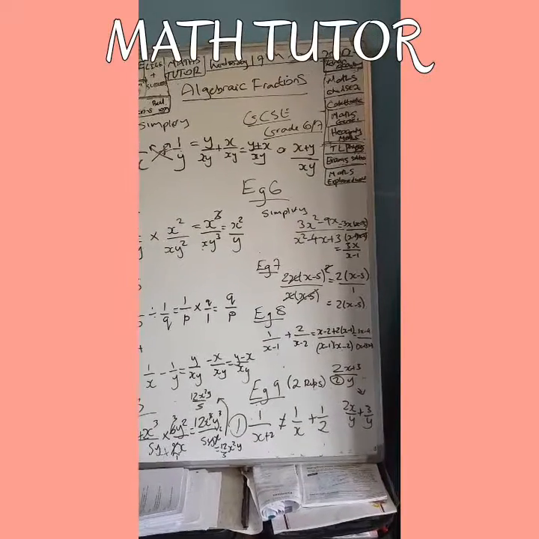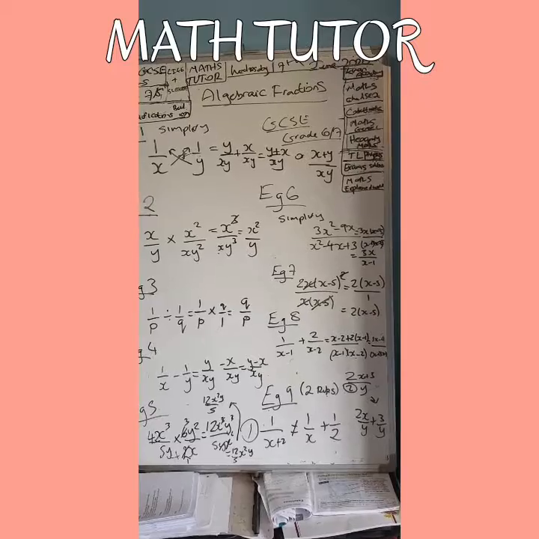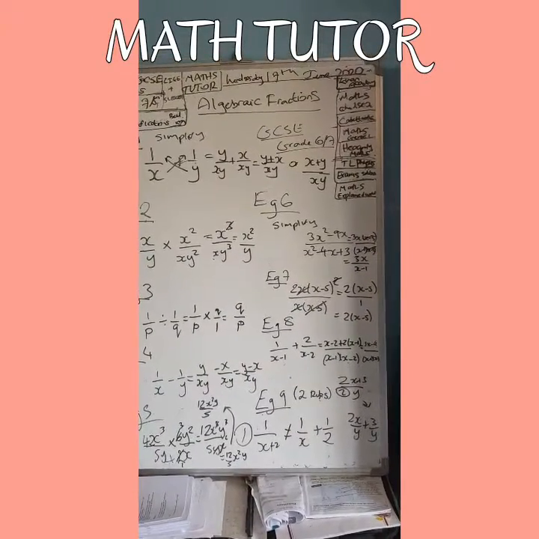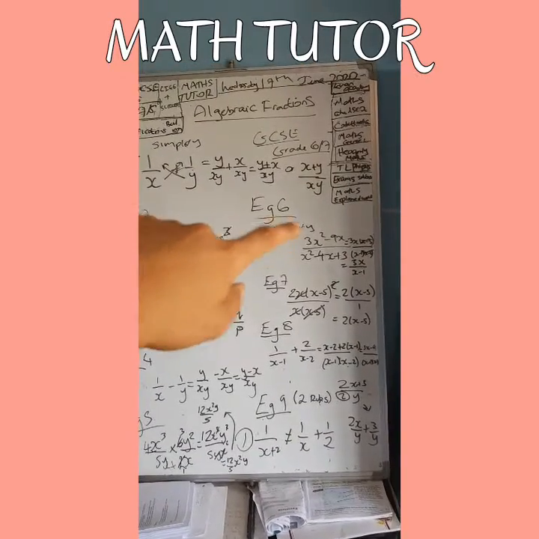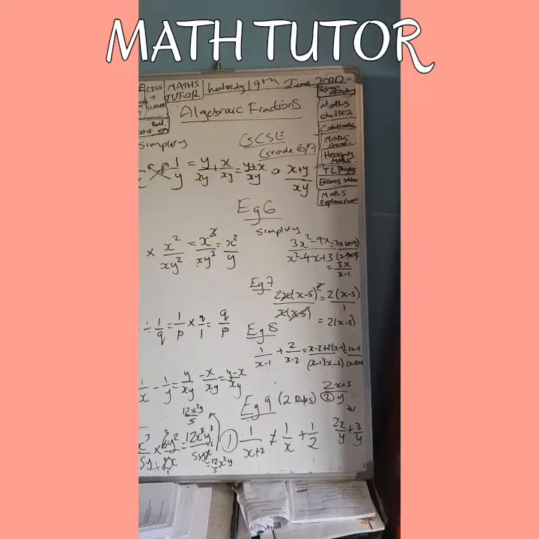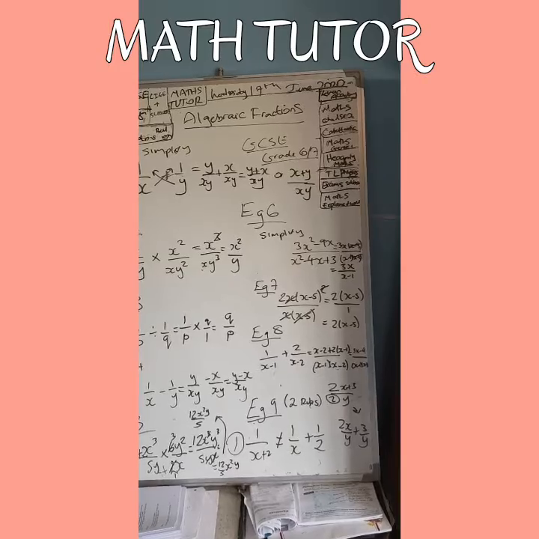Example 6: simplify 3x squared minus 9x over x squared minus 4x plus 3. I have to factorize this because I cannot just cancel those two together. I factorize the top part and get 3x brackets x minus 3, by taking the biggest factor of 3x out.